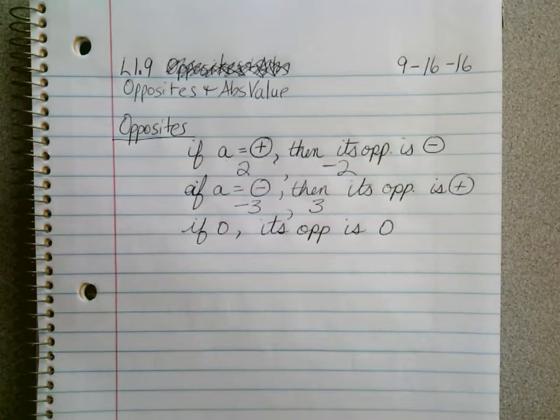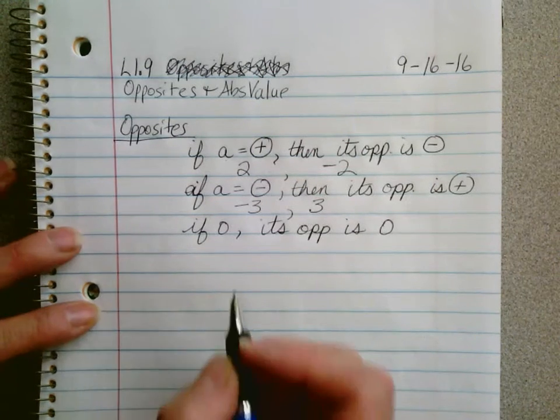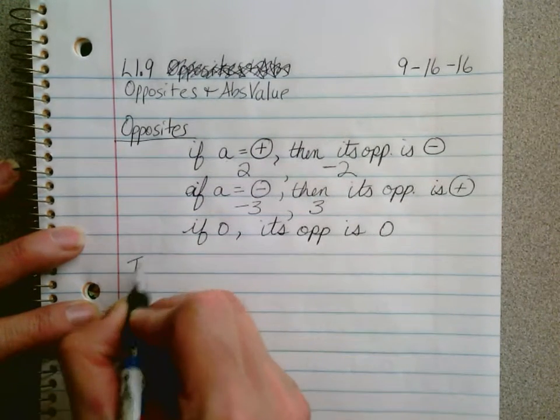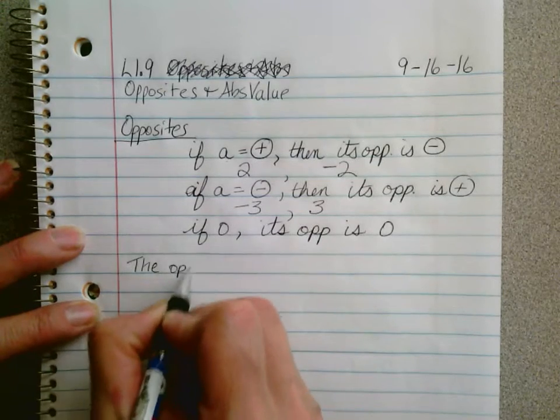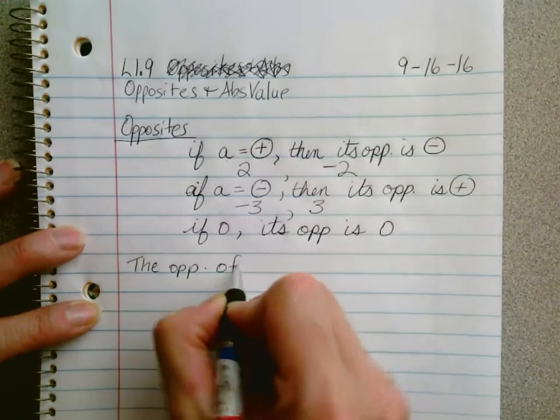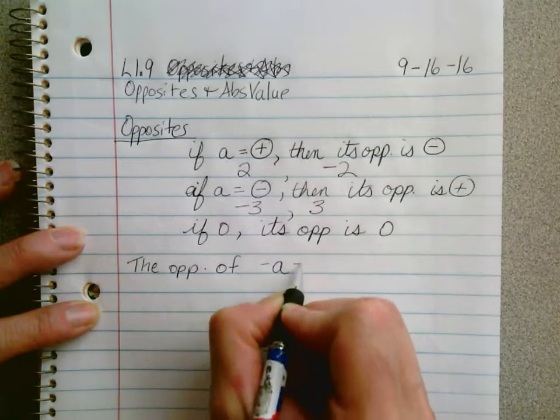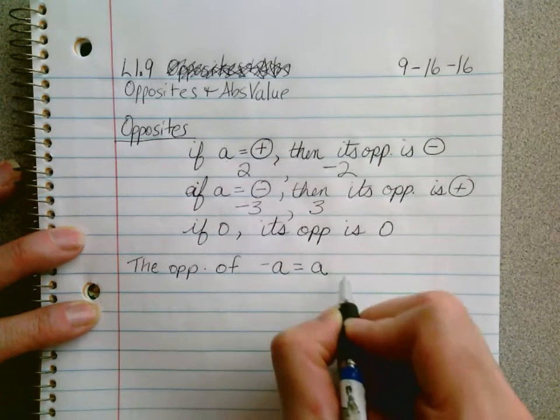Okay, so I gave you some examples. So the summary statement, what they say is this. The opposite of a negative number is a positive.